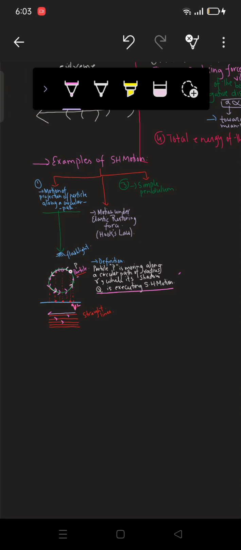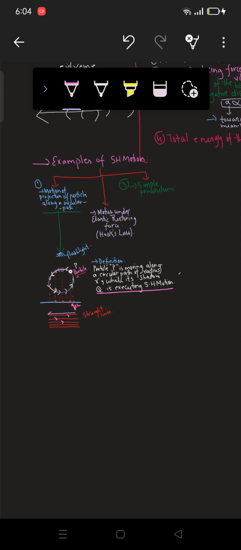Now we have discussed the definition in great detail. It must be clear to us why the projection of a particle follows simple harmonic motion, and why the particle itself follows uniform circular motion. Now this connection must be clear to us.